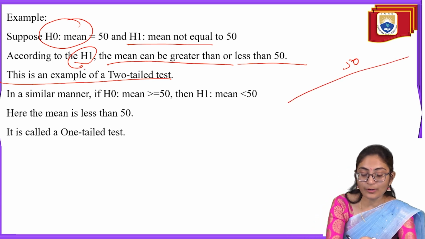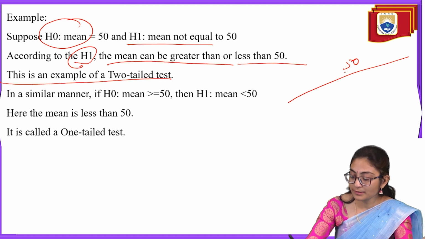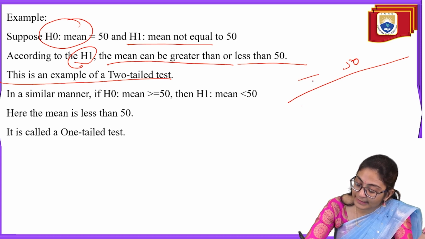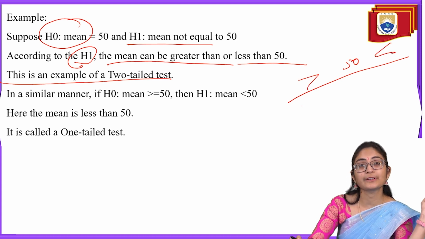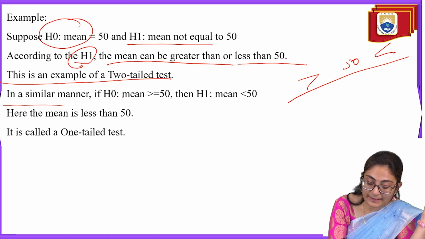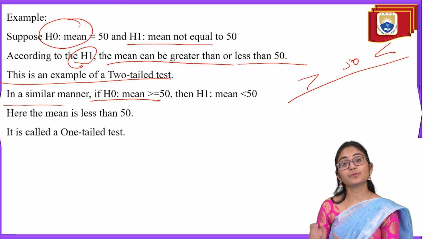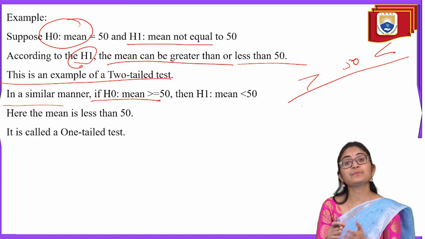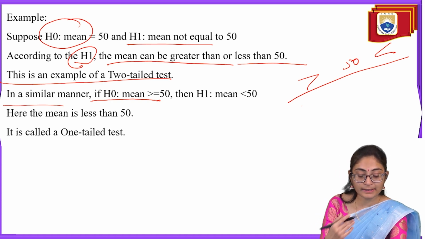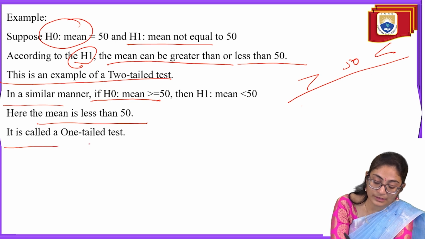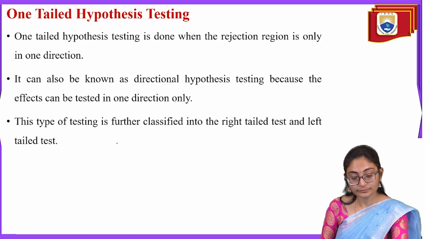So, according to H1, either greater than 50 or less than 50. In a similar manner, if H0: mean greater than or equal to 50, then H1: mean less than 50. And here the mean is less than 50, it is called a one-tailed test.